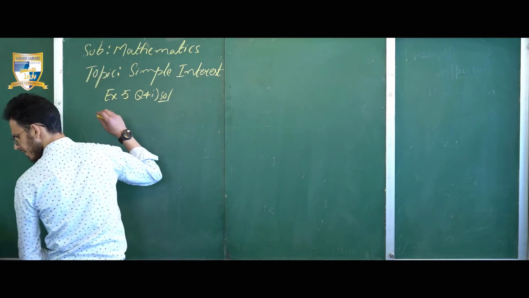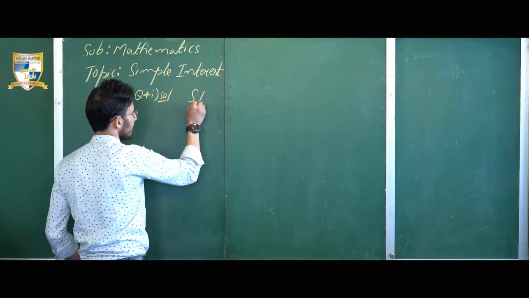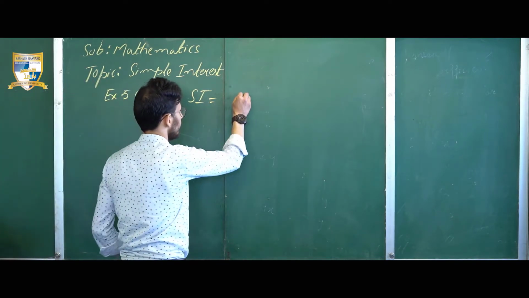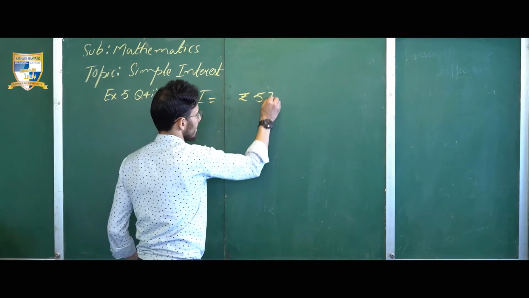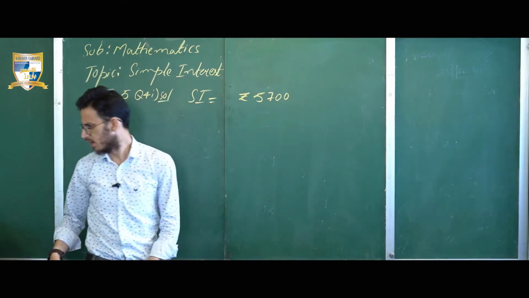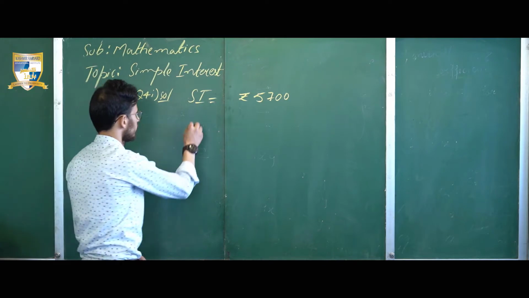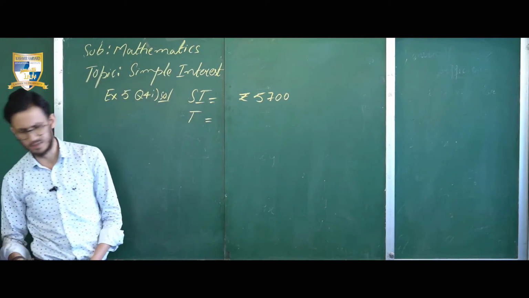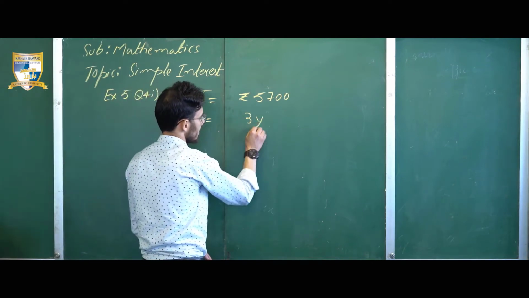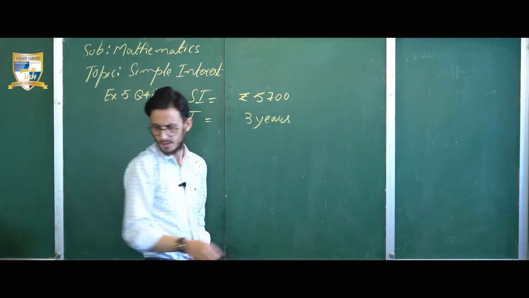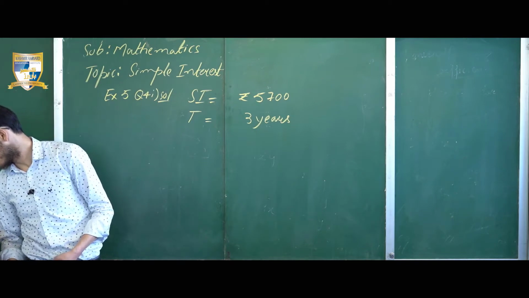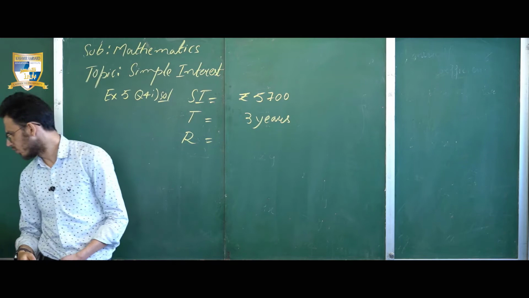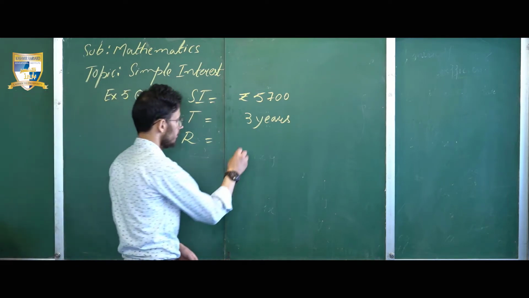Our interest is given, which is equivalent to 5,700. Time is given, which is equivalent to, as per the question, 3 years. Again, here we can see rate is also given. That is equivalent to 4% per annum.